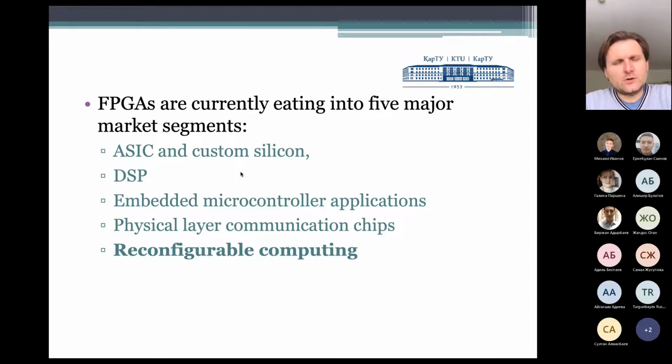Okay, next market segment, which has grown in recent years, is physical layer communication chips. In a normal Ethernet network, the speed is 1 gigabit per second, but for professional applications, we might find 10 gigabits on the concentrator, or 100 gigabits, 160 gigabits, because I think 160 is some border in silicon, because the frequency is very high, and only pure digital gates can manage that frequency.